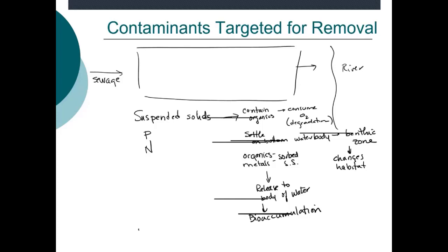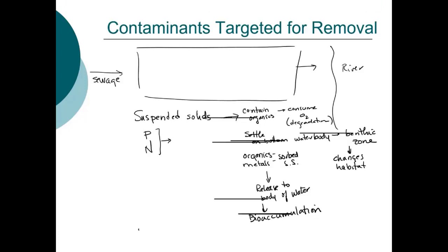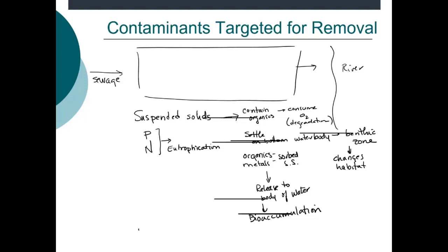How about nitrogen and phosphorus? I've mentioned this before. Why don't we want to release nitrogen and phosphorus? Exactly, eutrophication. The other contaminant that we didn't mention is organic material, and we typically refer to that as biochemical oxygen demand.